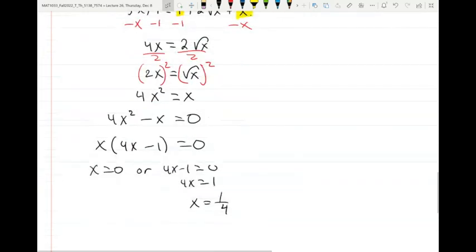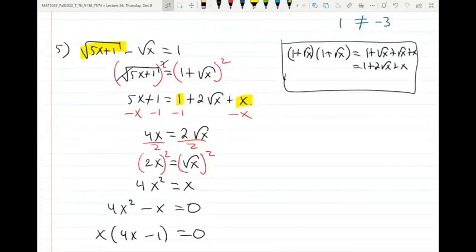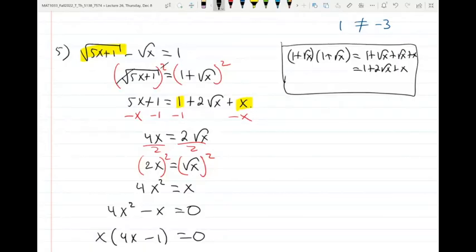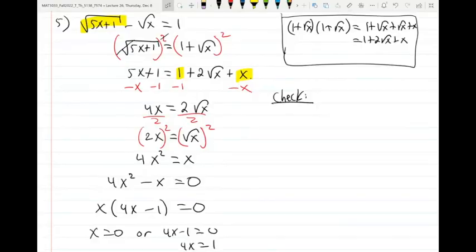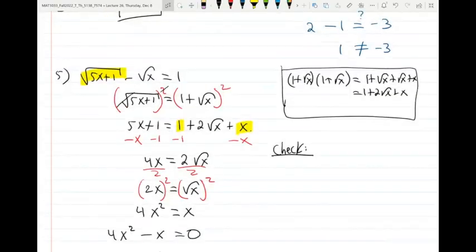Okay, so now we need to determine which one of these work. Maybe both, or maybe one of them doesn't work. So we need to go ahead and plug in. So let's check. First, 0, we can check it visually. If I were to plug in 0, what are we gonna get?